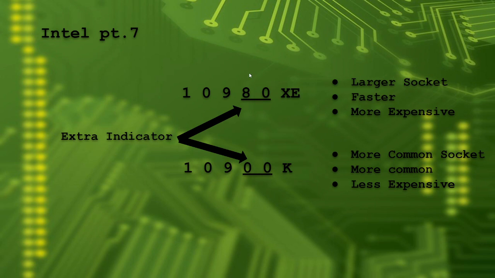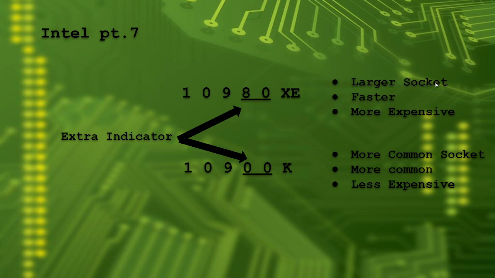Moving on. Any extra indicators? So, this mostly only applies to older HEDT CPUs, which I said I would not cover. However, as you can see, this is an extreme edition, so Intel decided to add the 80. What this used to mean is a larger socket.